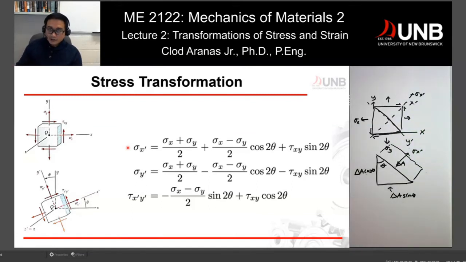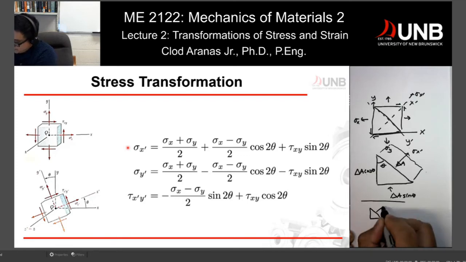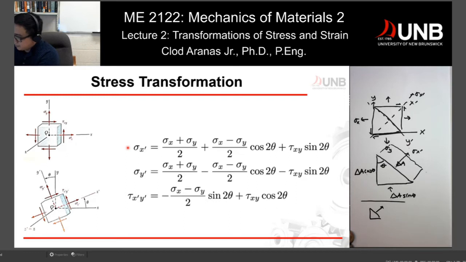Now, if we're going to write all the forces acting on this specific section, I'm going to write it again in 2D right here. So this would be the stress that we want, which is sigma x prime. Now we have sigma y right here, which is based on this plot right here.